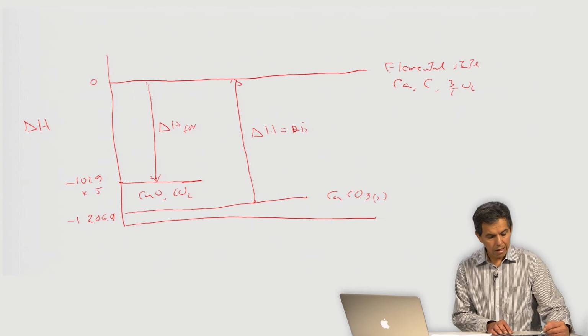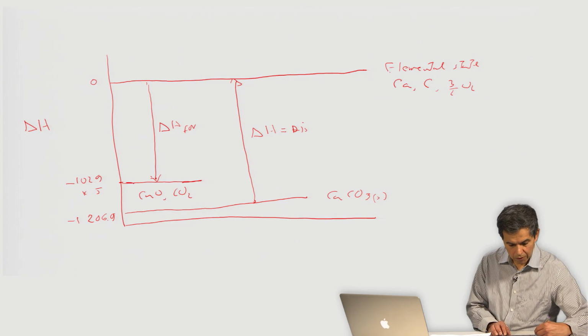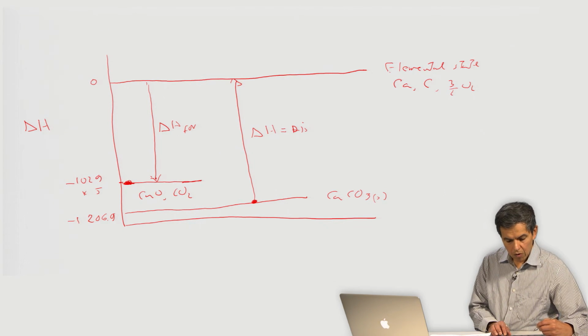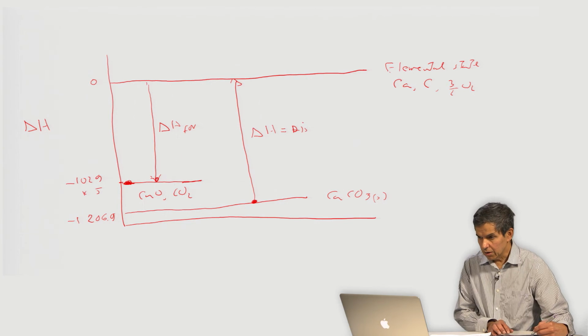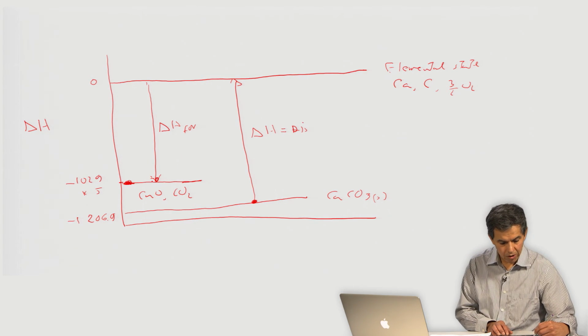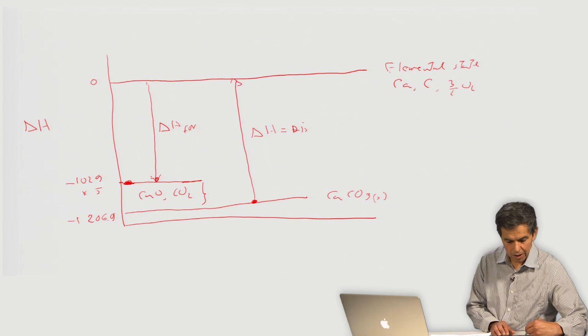Now, because we can compare the relative positions of dissociation here and formation, we see that the final product, which is in this case over here, will be at a higher energy than the initial reactant. Therefore, this reaction is an endothermic reaction.